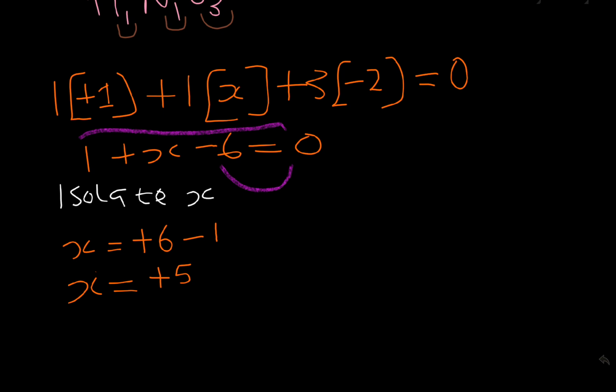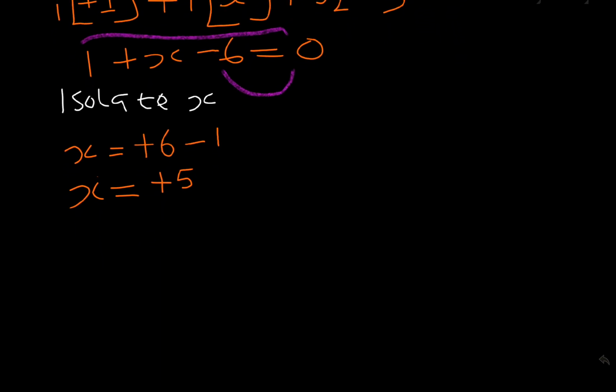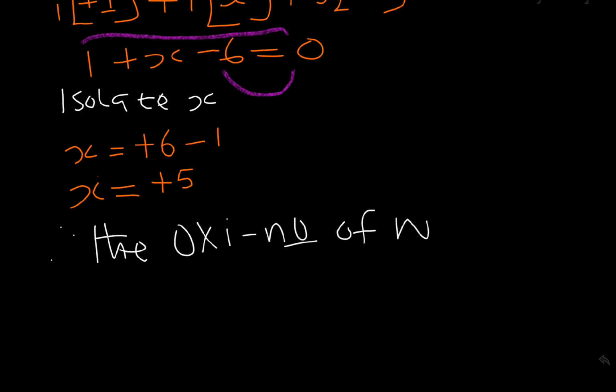So therefore the oxidation number of nitrogen in HNO3 equals +5. And this is our final answer.